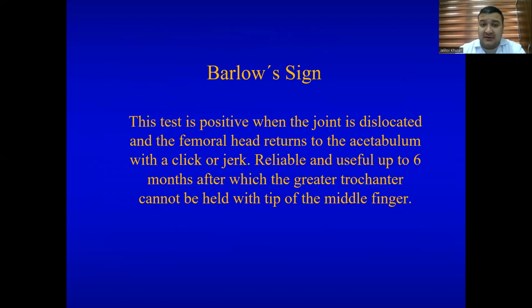This test is positive when a joint is dislocated and the femoral head returns to the acetabulum with a click or jerk. It is reliable and useful up to 6 months, after which the greater trochanter cannot be held without the middle finger.